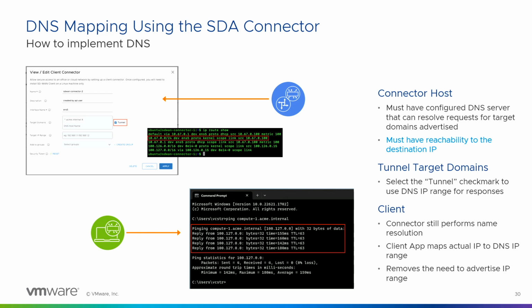So if you select tunnel beside target domains, we do something really interesting here. We have a second IP range that you identify when you first onboard the solution. And it gives us the ability to play around with the A records and to manipulate the IP traffic to come to the tunnel without you having to advertise any IP routes. And I'll detail that out in the next slide.